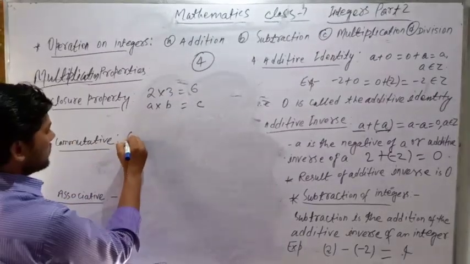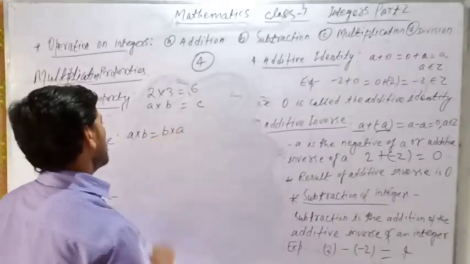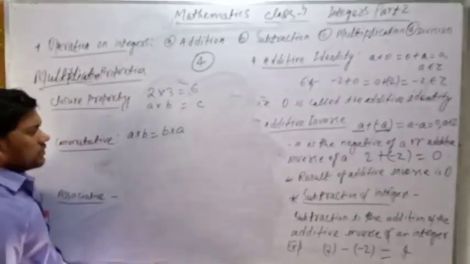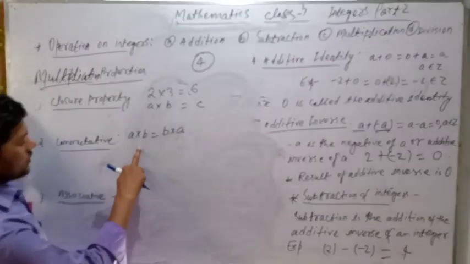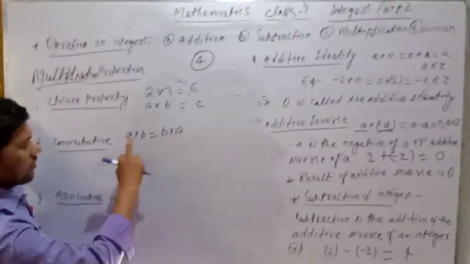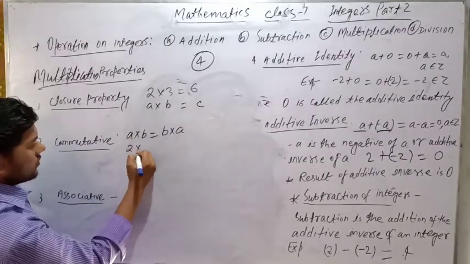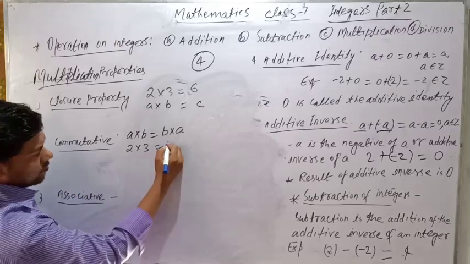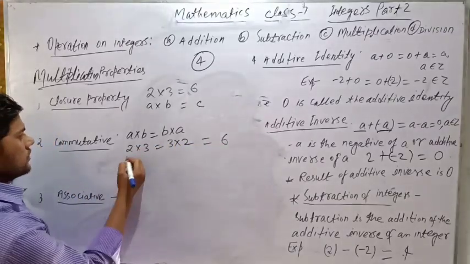Commutative property: a into b is equal to b into a. The product of any two integers does not depend on order. For example, 2 into 3 is equal to 3 into 2, which is equal to 6 only.